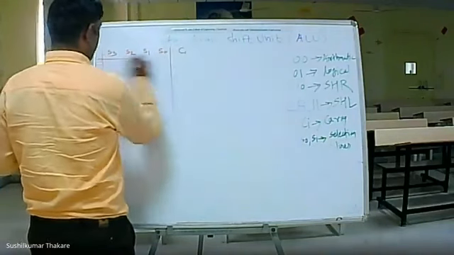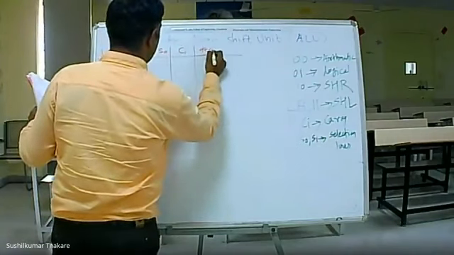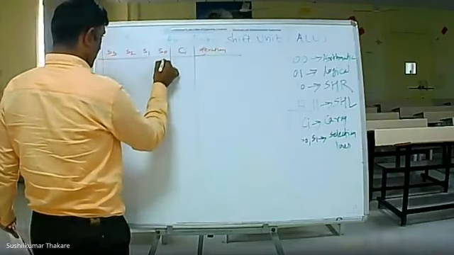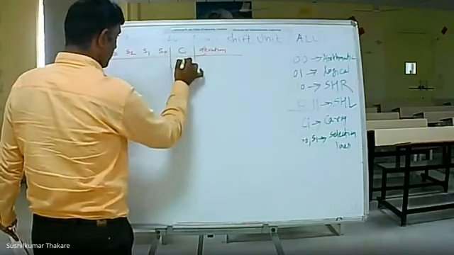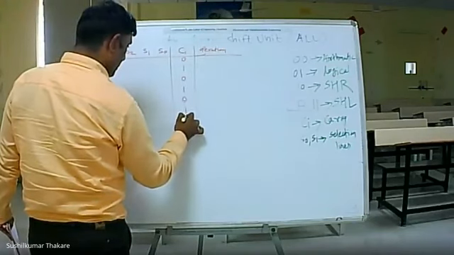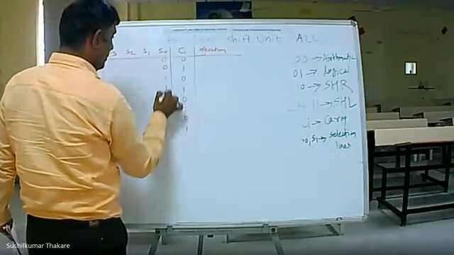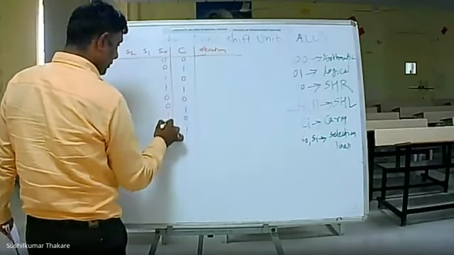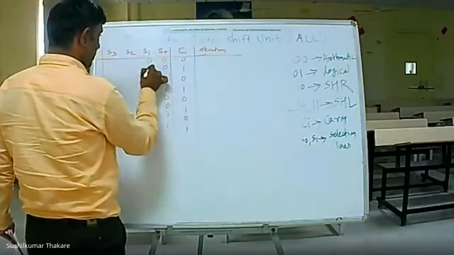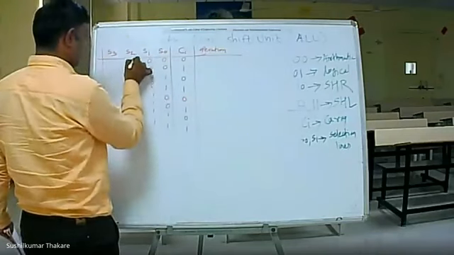The last column is the operations. Write down the combinations 0 1 0 1 and so on, eight times 0 and then the rest.